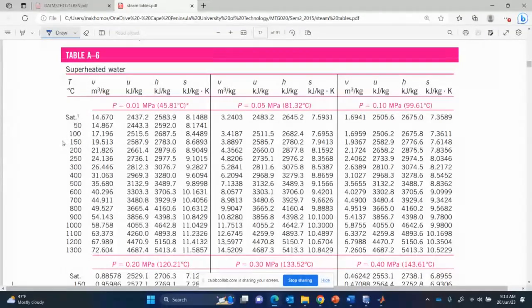And the pressure, because remember, for you to get any of these values here, you need two properties in order to get the third one. The properties that we have here are temperature, specific volume, specific internal energy, specific enthalpy, specific entropy.